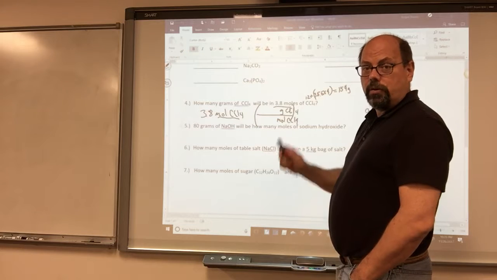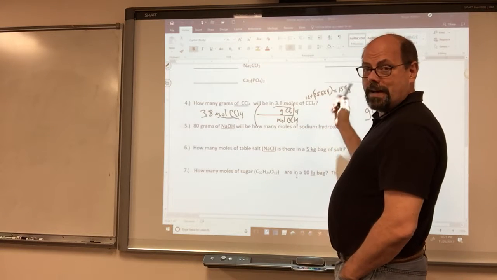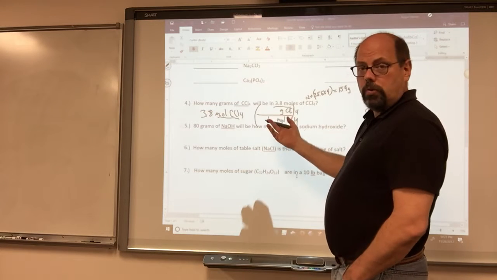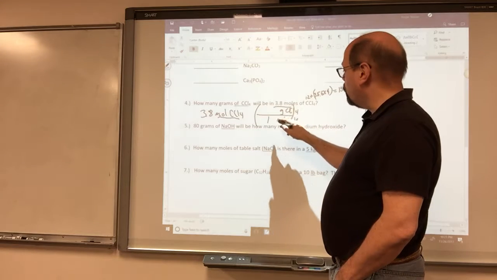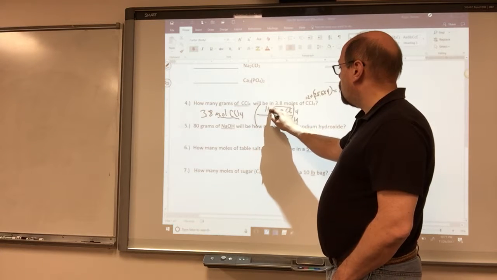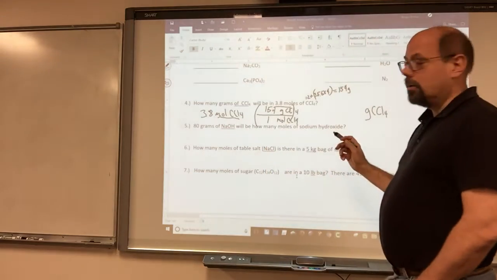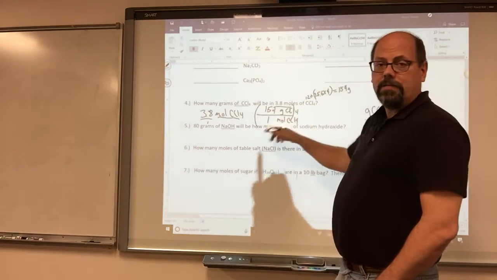Grams of CCl4, moles of CCl4. Do you know a relationship between grams and moles? What 1 mole weighs. 1 mole weighs this amount up here. So 1 mole is a relationship you know, whatever the atoms all add up to be. Carbon and 4 chlorines is going to add up to be 154. So now how am I going to get to the answer? This is just a fraction, 3.8 over 1. The tops times the tops, divide by the bottoms.